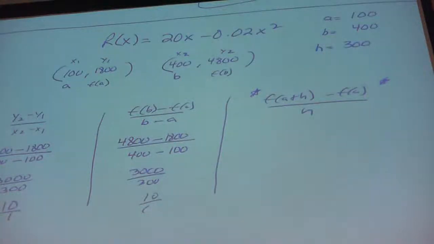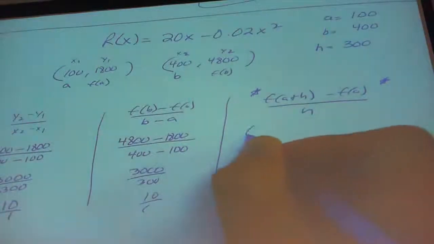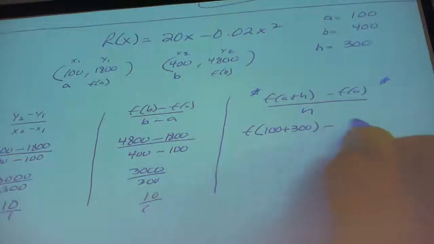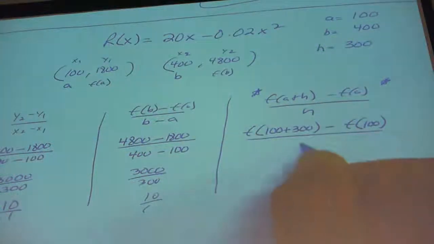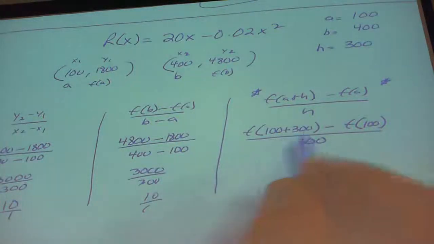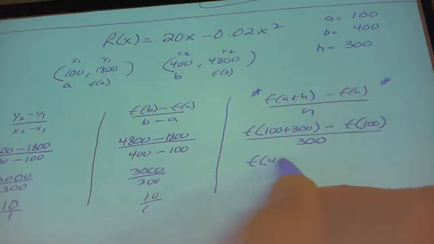This last one is f of what's A? 100 plus what's h? Minus f of what's A over what's h. Okay? Now, I'm filling it in totally so you can see where things come from. Okay. What's 100 plus 300? It's the same thing.